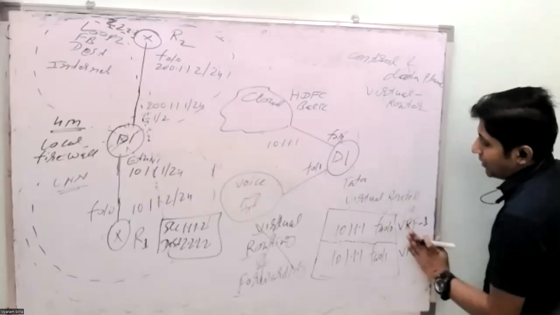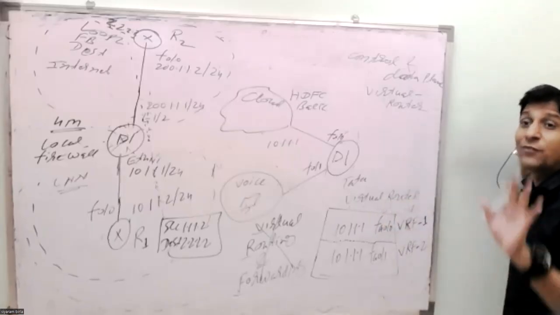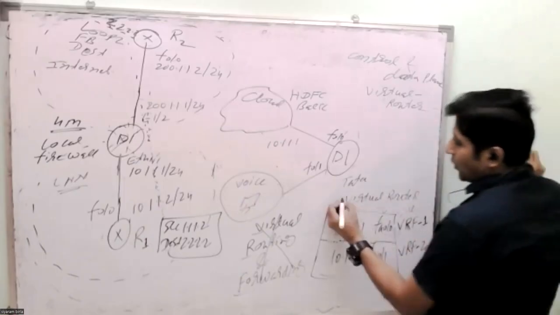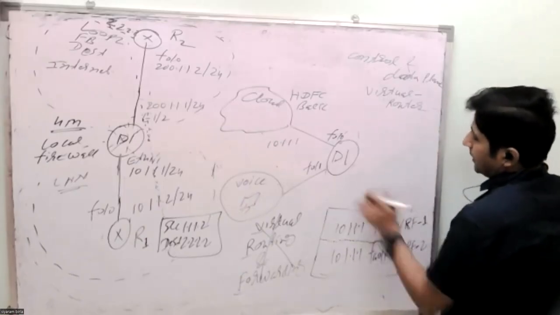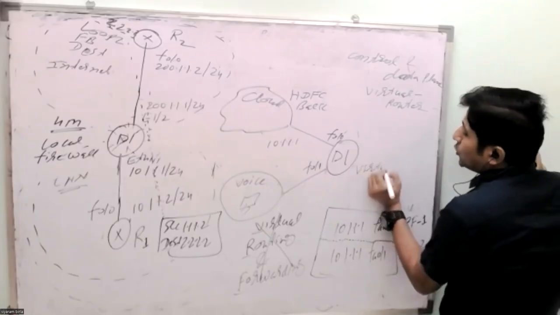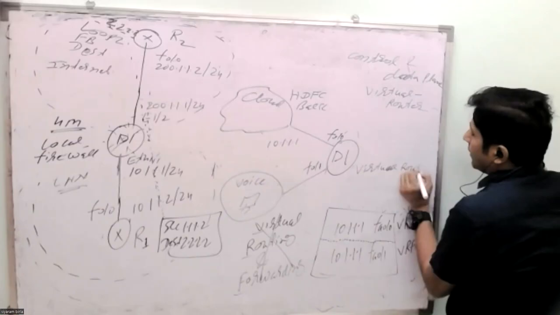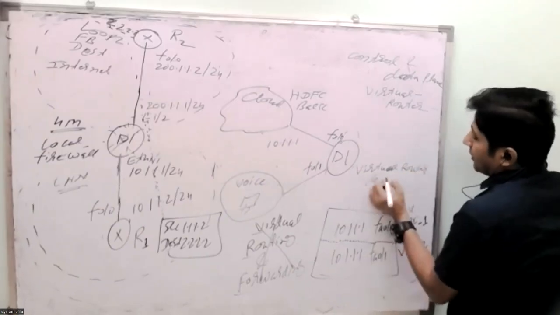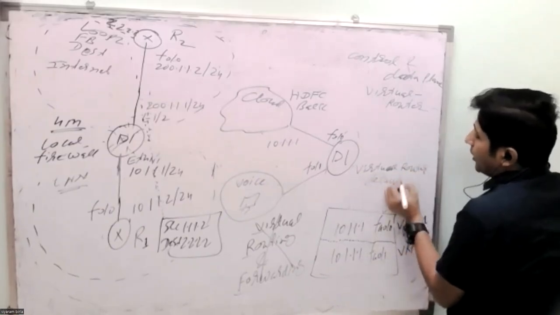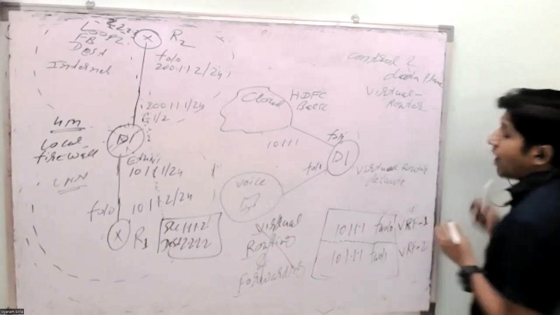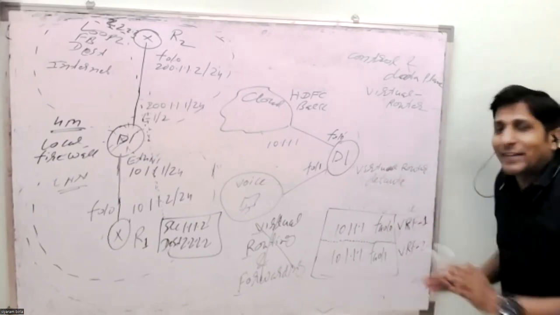By default, the virtual router is named default. What do you mean by default? Default means we have a single routing table.